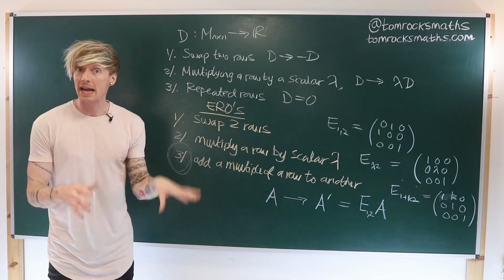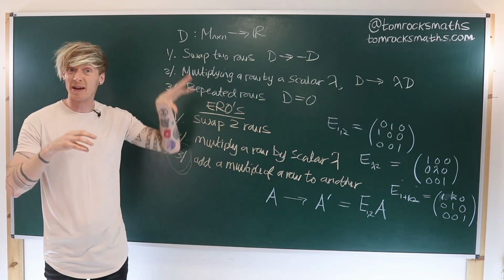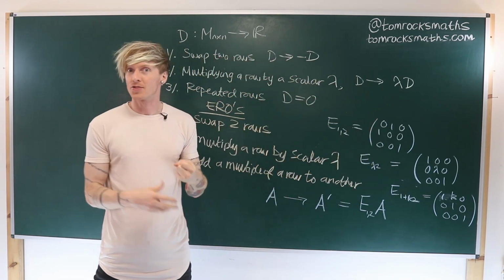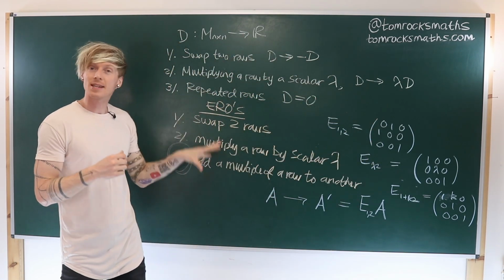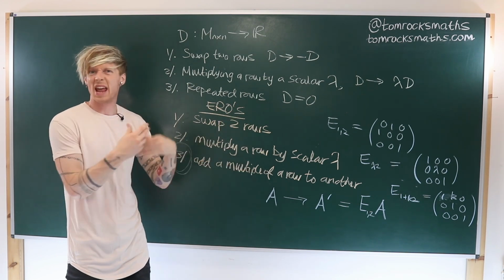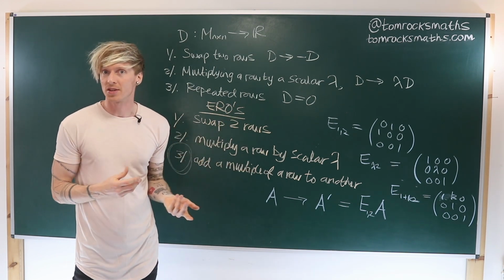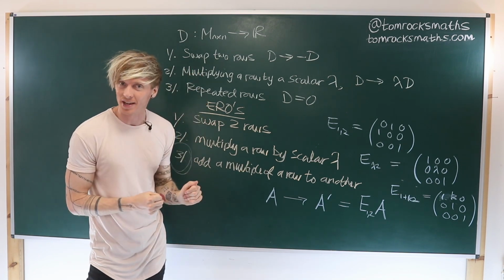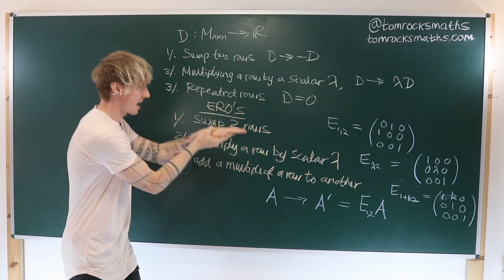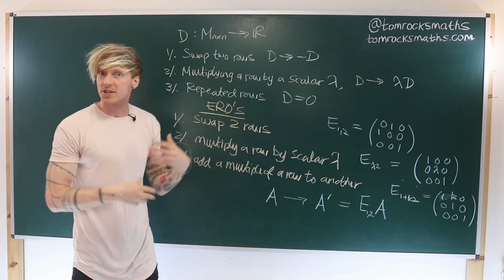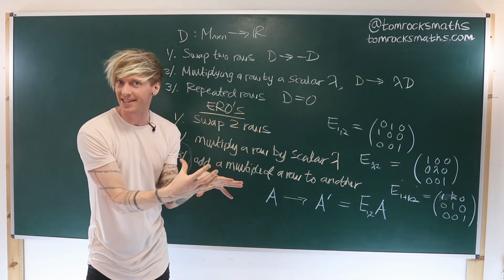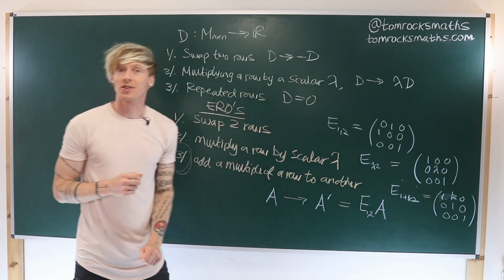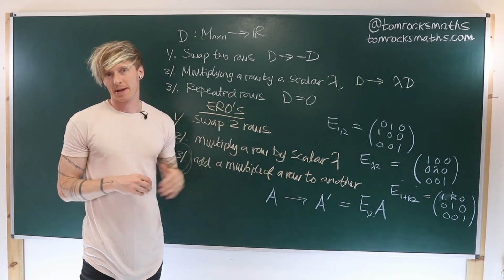Now it is worth pointing out that whilst I have given some explicit examples of a 3 by 3 elementary matrix, the exact same process will work for an n by n elementary matrix. So again, you just take the n by n identity matrix, apply whatever ERO you want to do to the identity, and then pre-multiply your original matrix by that elementary matrix.